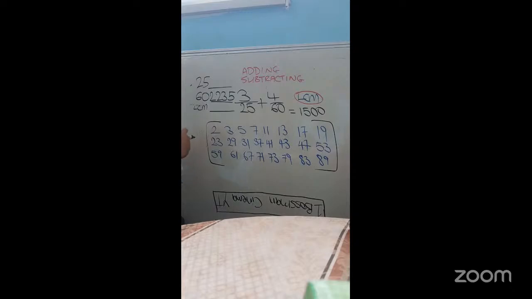And 25 would be 5 times 5. So we have a 5 by 5 and a 5, yeah?